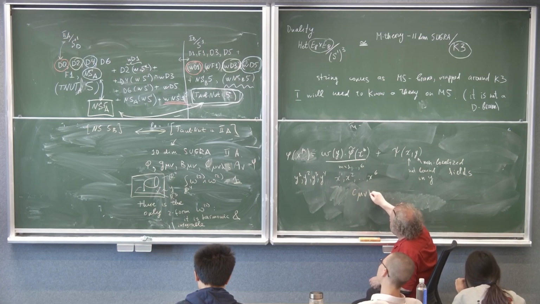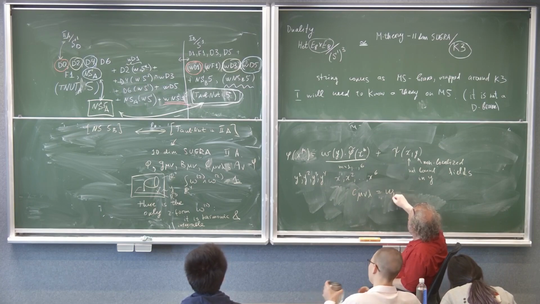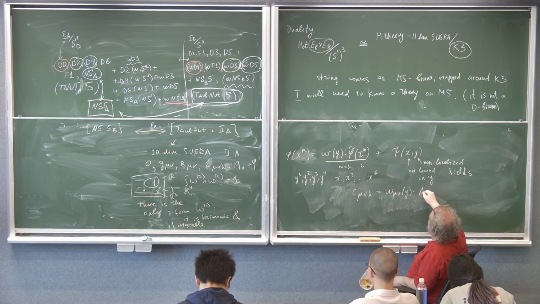So the field C mu nu lambda would be omega mu nu of y times A lambda of x.